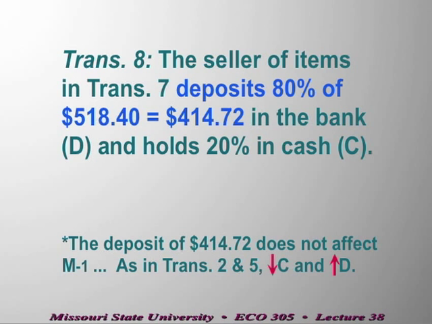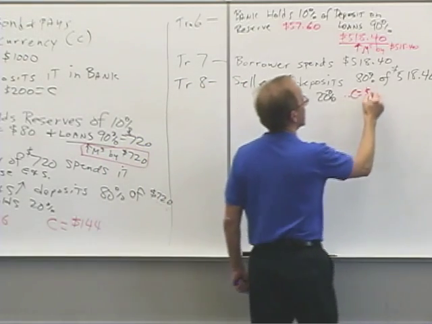And so we'll see if we can figure out how much that is. 518.4 times 0.2, 20%. So the currency holdings, $103.68. Is that right?